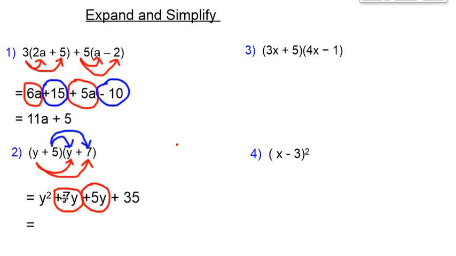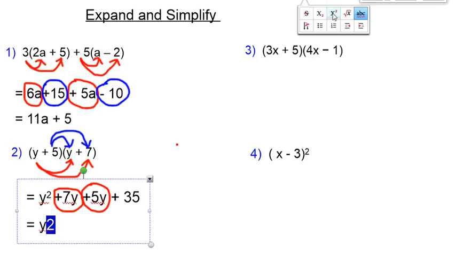We circle the like terms. The y squared stays the same, but there's no other expression that looks like it. Okay, so y squared stays the same. And then we will simplify the term in the middle. So 7 plus 5. Notice that they are both positive.